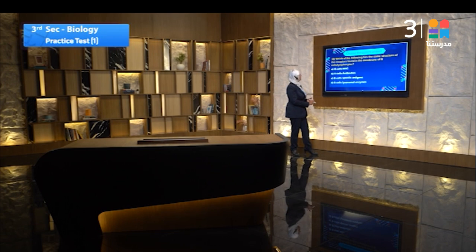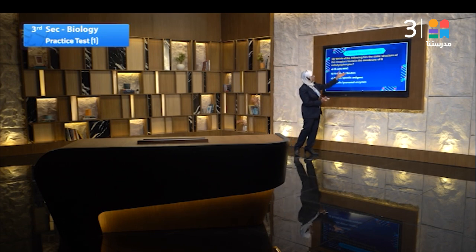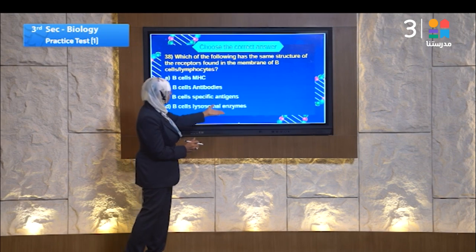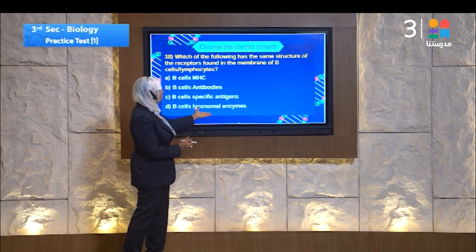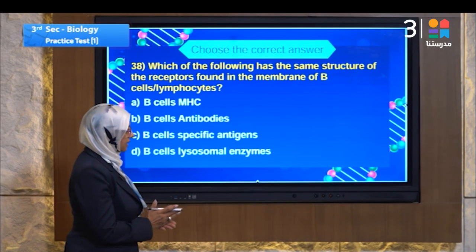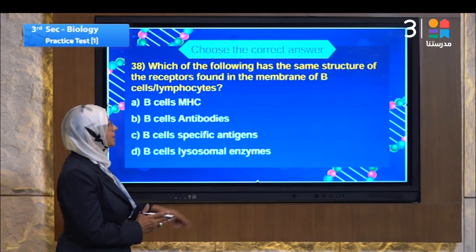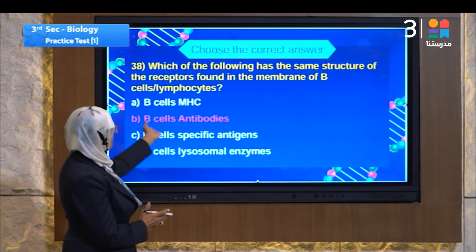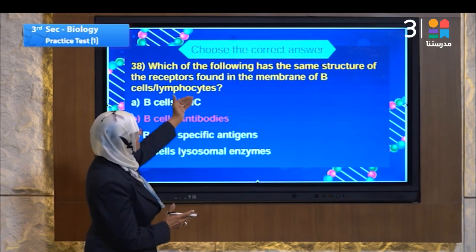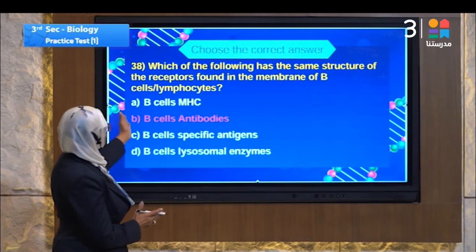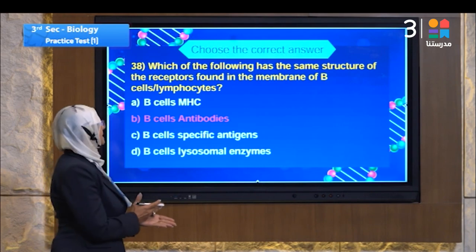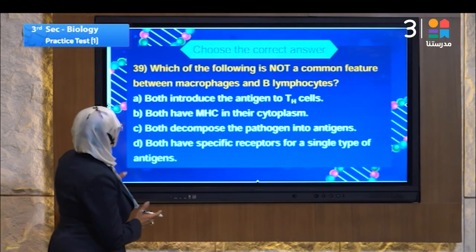Number A, B cells MHC; B, B cell antibodies; C, B cell specific antigen; D, B cell lysosomal enzyme. Let's think about it carefully, but the answer must be B. B cell antibodies are similar to the receptors found on the membrane. It must be that.